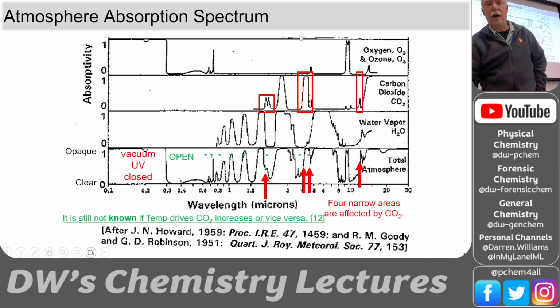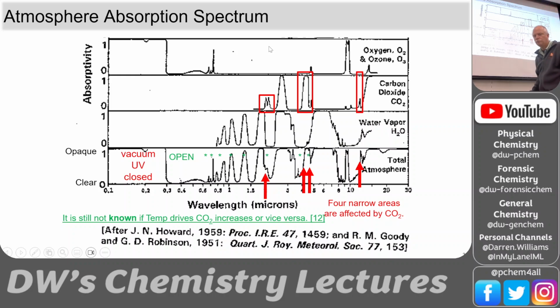So here's the atmospheric absorption spectrum. And you can see water vapor. So here's the total atmospheric spectrum. So this is opaque as the top. So these windows are closed. Closed right here, closed right here, closed right there, closed right here. So you see this is the total atmosphere. Look at water. You can see the atmosphere is mostly governed by water.